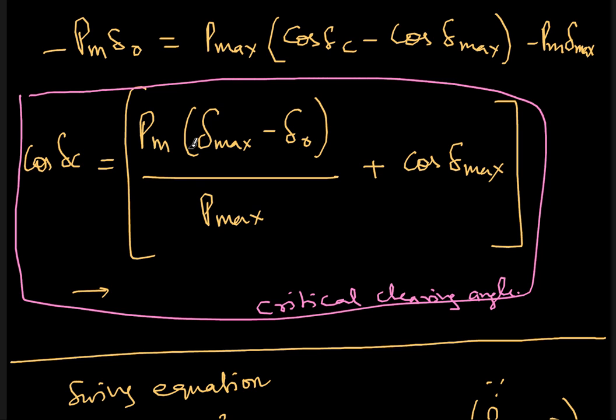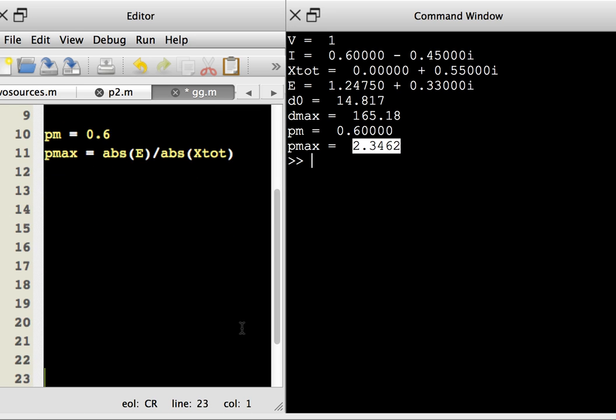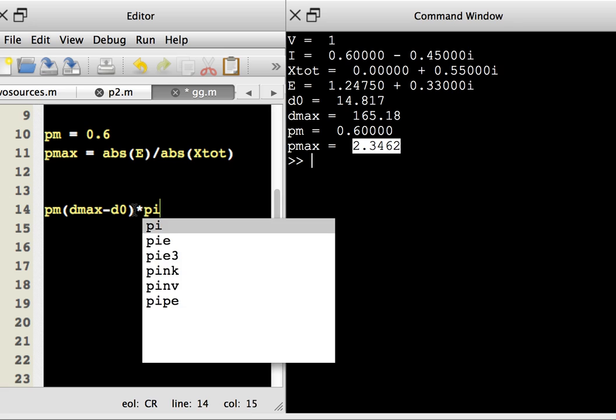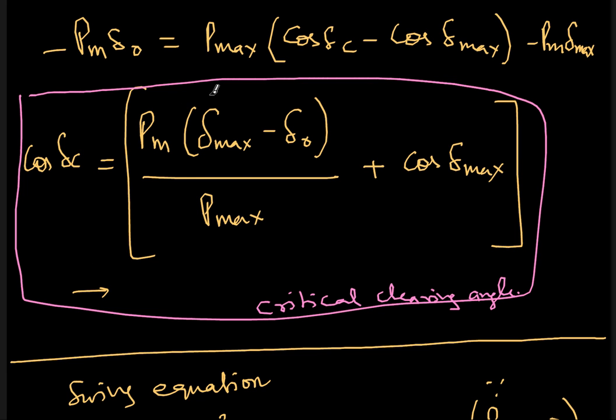So PM by Pmax into delta max minus delta naught. Let me first type that: PM into delta max minus delta naught, which I will convert into radians, and then I divide the whole thing by Pmax. That completes this term.